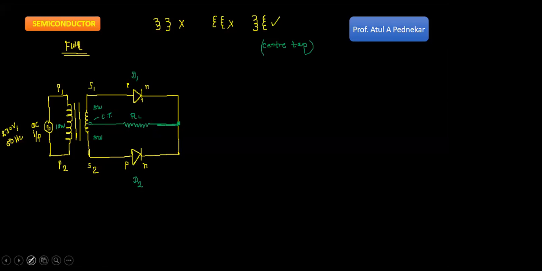And RL is the one across which we will take the output. Okay, this diagram is quite different in your textbook, but you remember like this. This is a simple way to remember. Okay, do you understand how to draw the circuit diagram? Students, yes, sir.